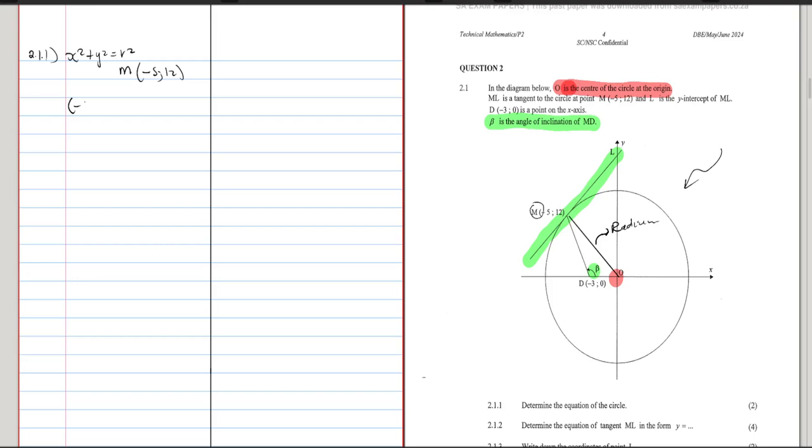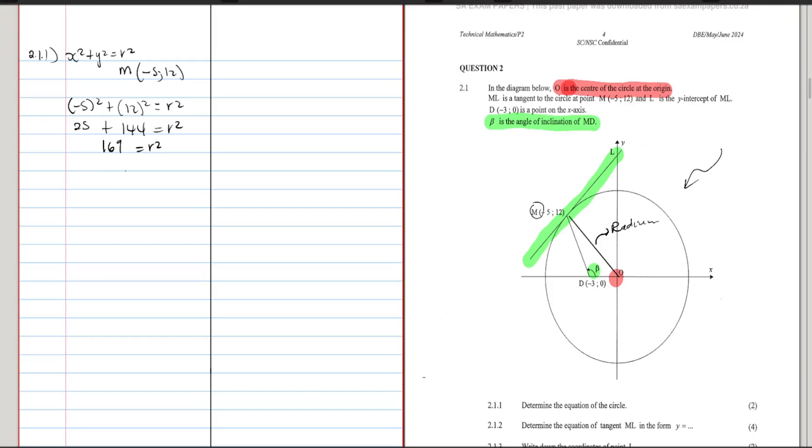Then we substitute minus 5, 12, squared equals r squared. Minus 5 squared, that's 25. Plus 12 squared, that's 144. And then we add, we get 169. This is r squared. This is what we want.